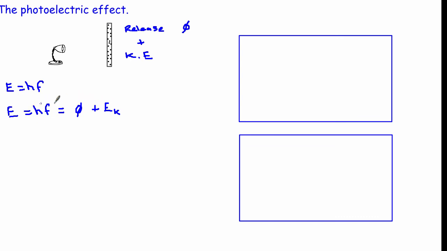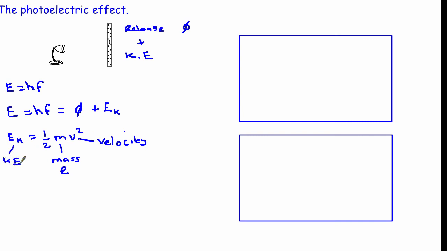So this energy that we start off with is equal to this energy, but it's now split into two. It's been used to break the bonds, and any extra energy left over has been used as kinetic energy to move away. Now you know from GCSE that the kinetic energy is equal to a half mv squared, where m is the mass, and if we're thinking about electrons, that'll be the mass of an electron, and this is the velocity, so how fast the thing's going, and that's our kinetic energy again.